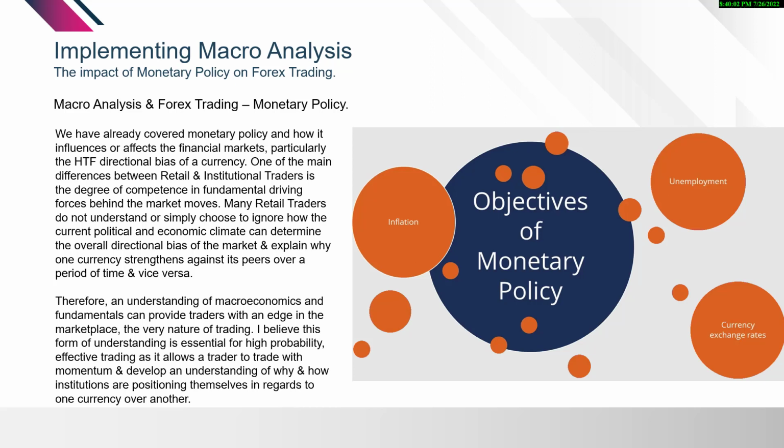So from a monetary policy point of view, we've already covered this, guys, in I think week 3 or week 4. We've already covered monetary policies and how they influence or affect the financial markets, particularly on a higher time frame directional bias.